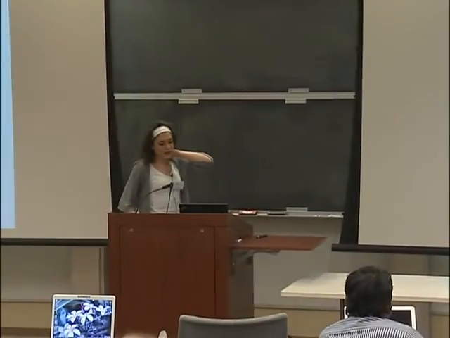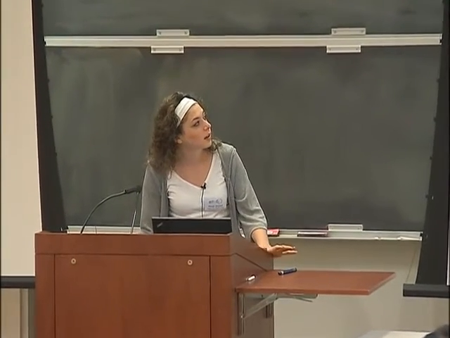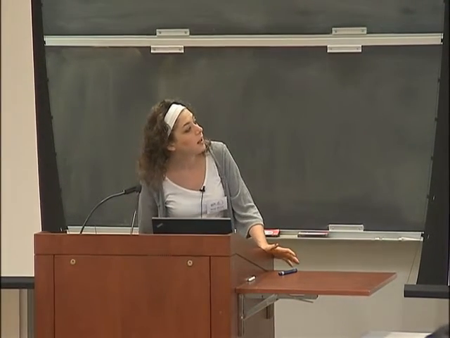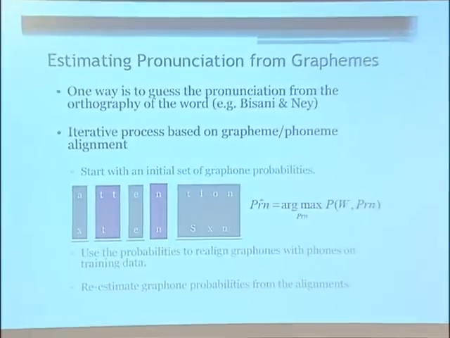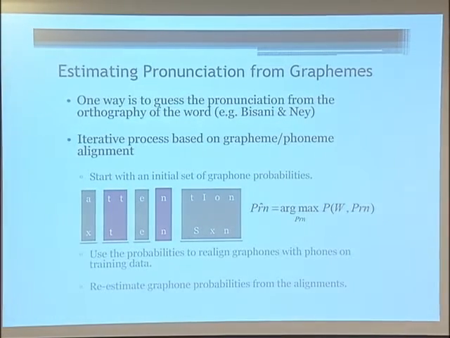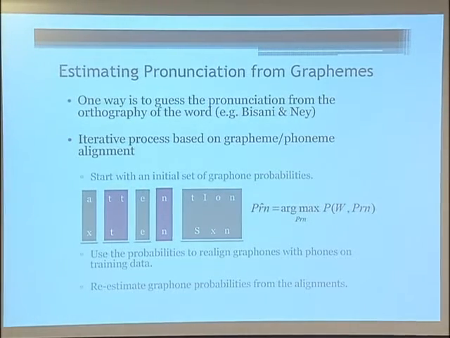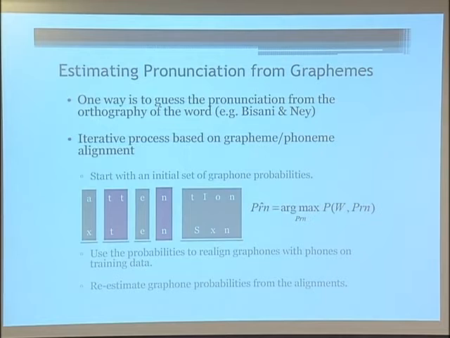So we have this iterative process for training these lexicons. We first start with an initial set of graphone probabilities, and then we use these probabilities to realign graphones with phones on the training data. So for instance, we have orders for each model that we have. For instance, this is up to the 4th model, because we have the mapping of 4 graphemes to a number of phonemes.